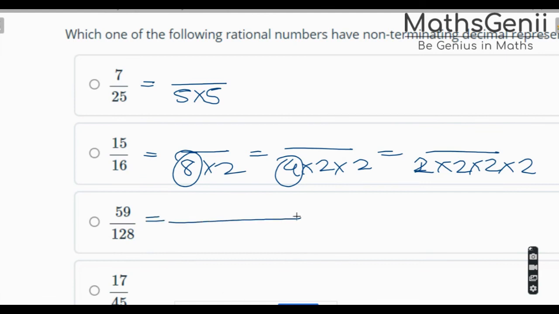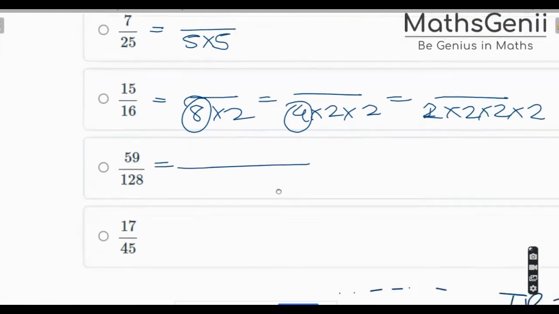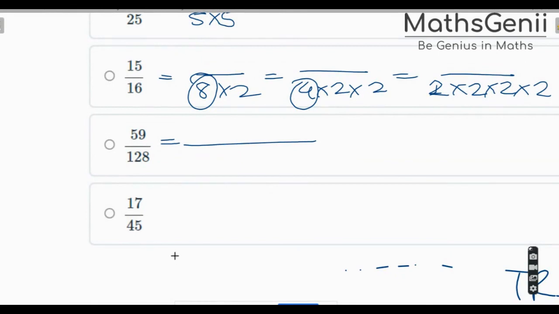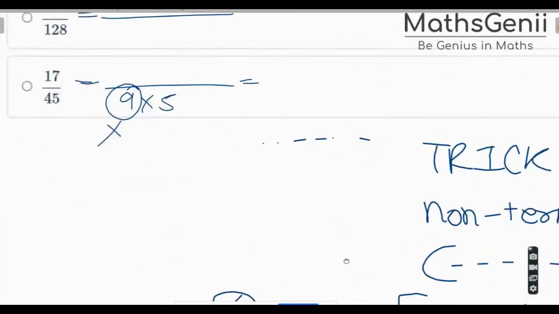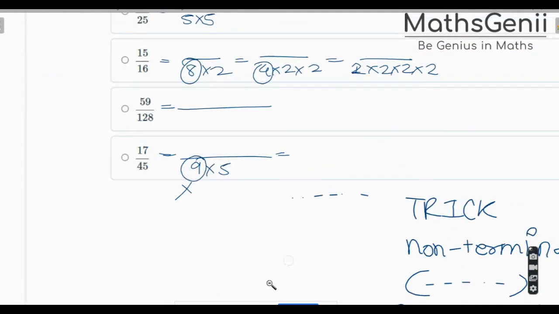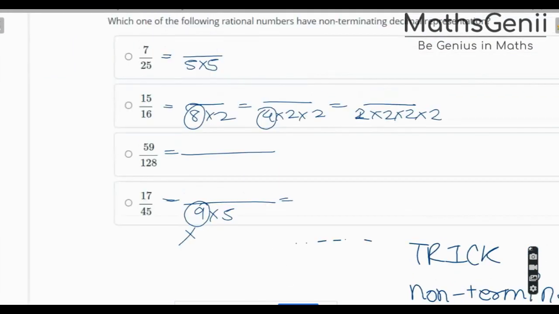Now let's look at this. 45. 45 is 9 5s. See, anything other than 2 or 5 is not accepted. Here you are getting only 5. Here you are getting only 2.